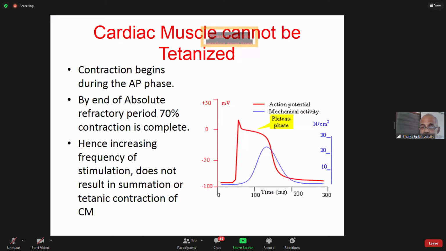Increasing the frequency of stimulus will not result in summation of the action potential, and tetany of cardiac muscle is impossible. Clear? Okay. This is an important question. Many times it has been asked why cardiac muscles cannot be tetanized.